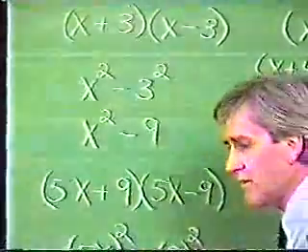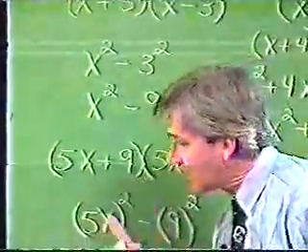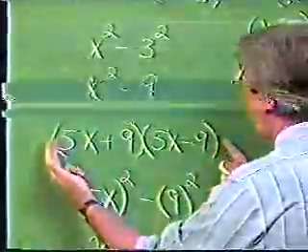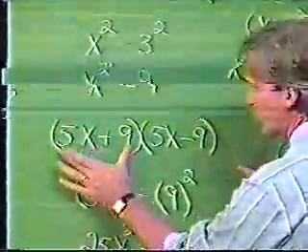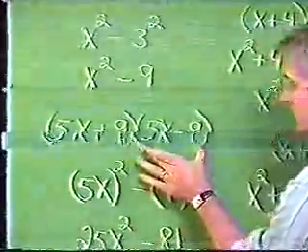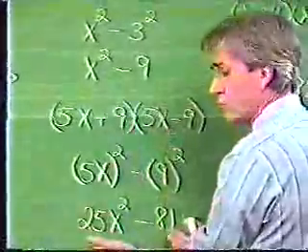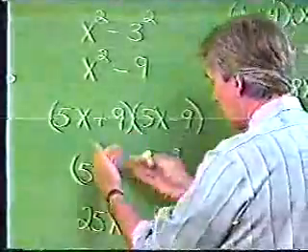Now this idea of thinking of first term squared minus second term squared when faced with that situation can help us in a problem like this. Notice we see the sum of terms times the difference of the same two terms. So here's what we think. We may write down the answer directly, but we could write this down.